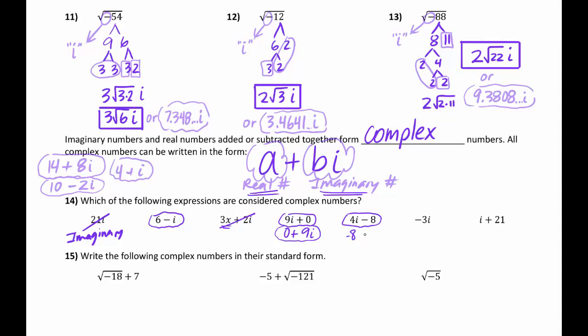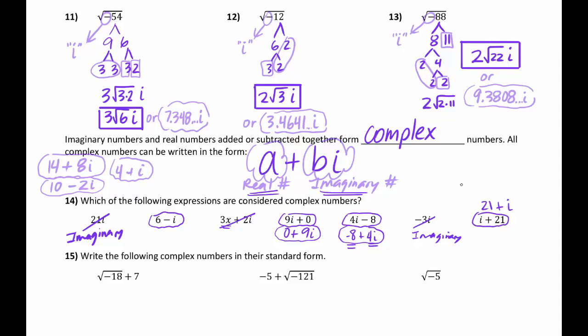The sign goes with it. 4i is positive, and so it would be negative 8 plus 4i. This would be the real part, and this is the imaginary part. Negative 3i is imaginary. It doesn't have a buddy in front to make it a complex number. And then i plus 21 is complex, but we would most often see it as 21 plus i.